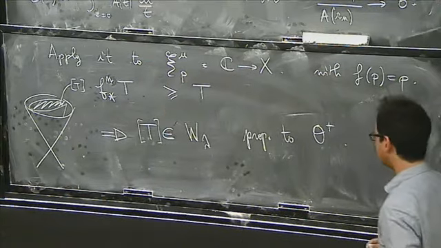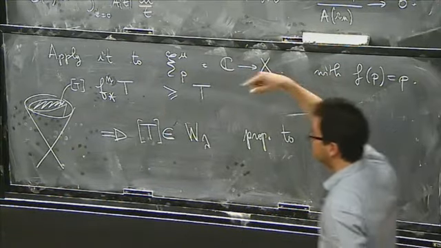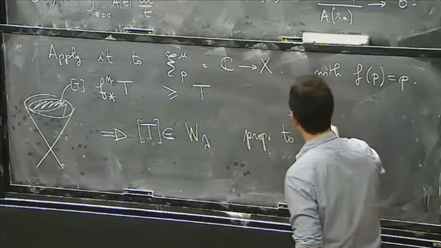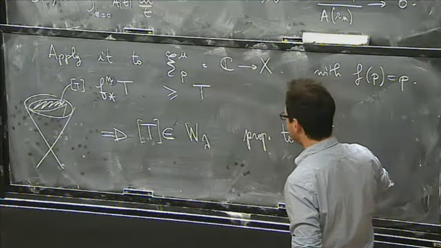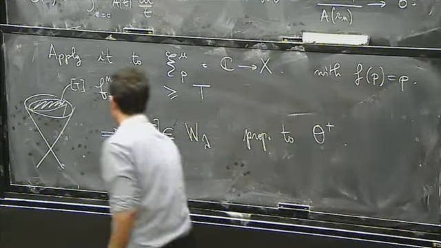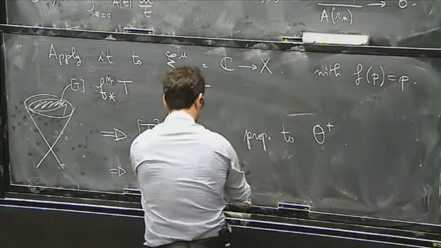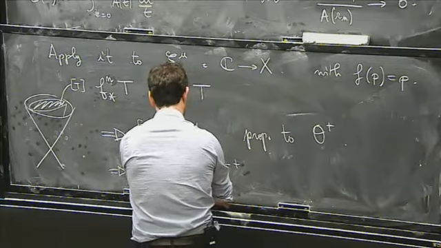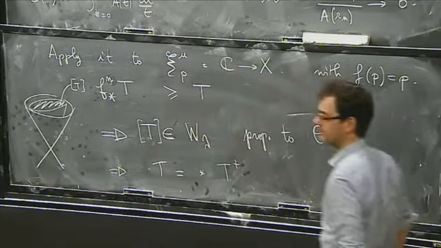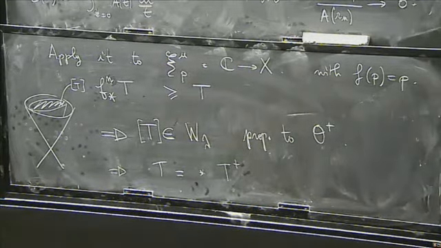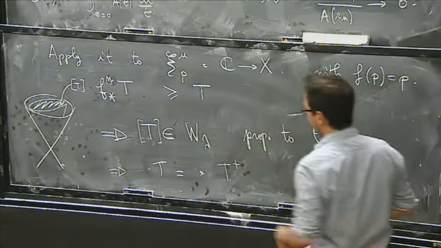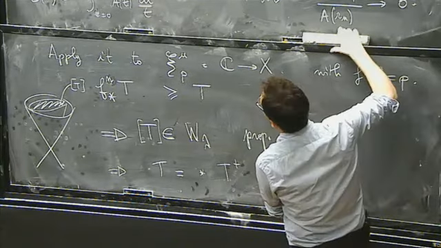And by the fact that theta plus is represented by a unique closed positive current, you get that T is equal to T plus modulo some positive constant.